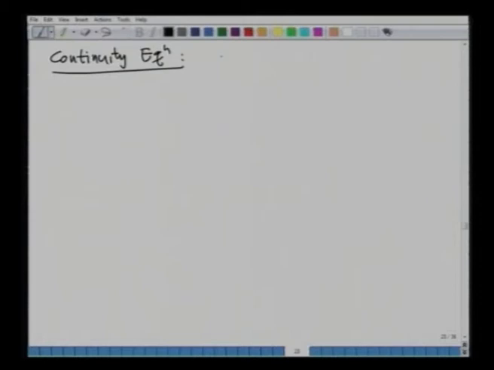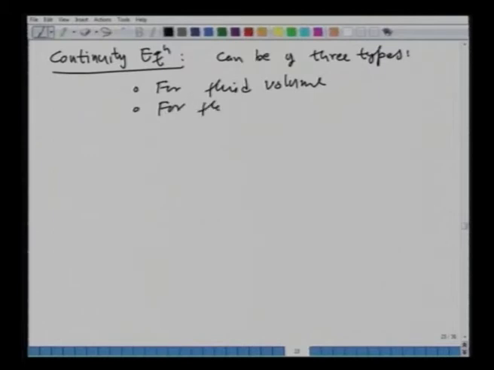The continuity equation can be of three types. It could be for the fluid volume, it could be for the flow cross section, or for a point within the flow or flow regime.